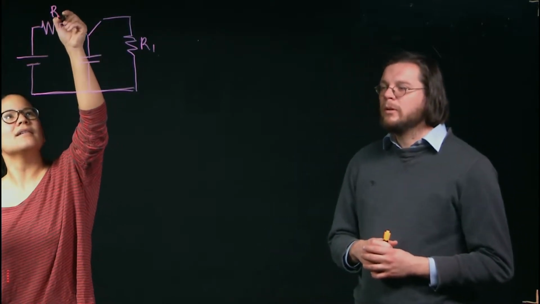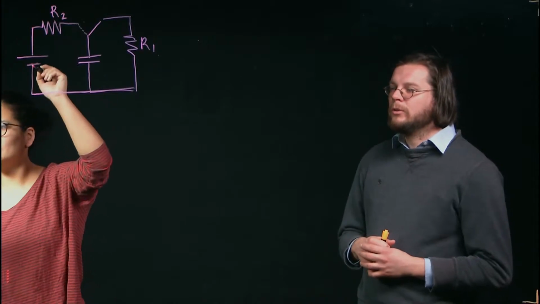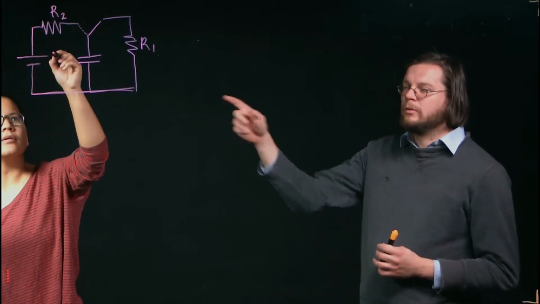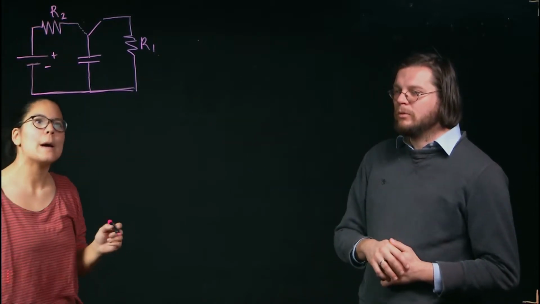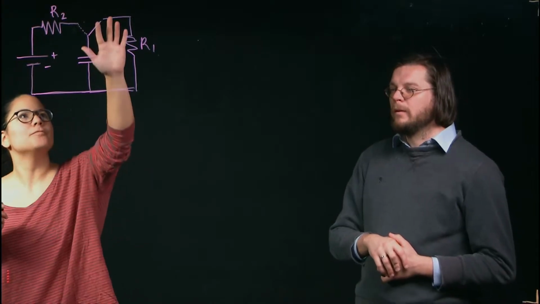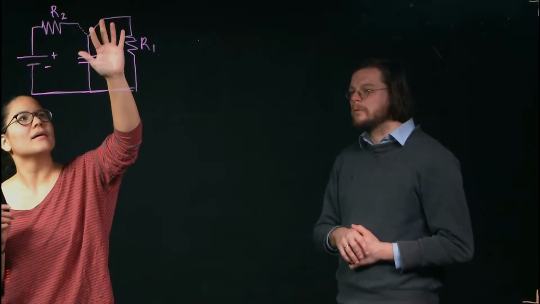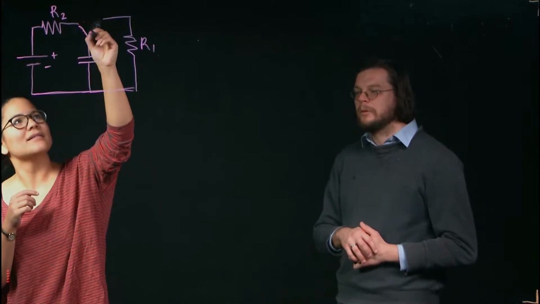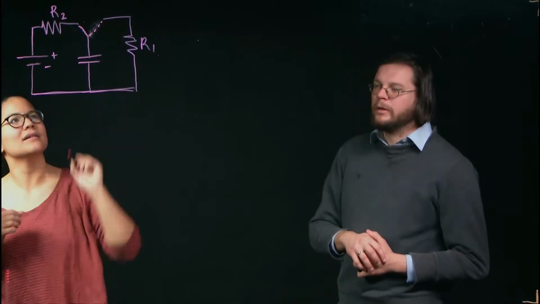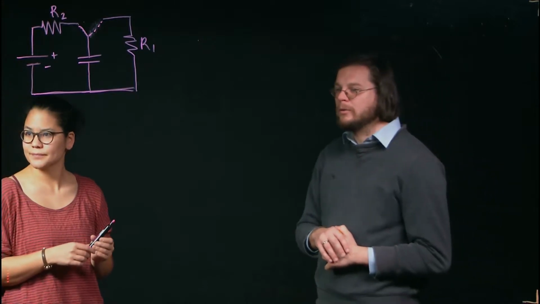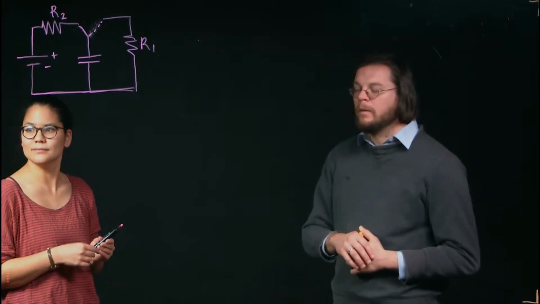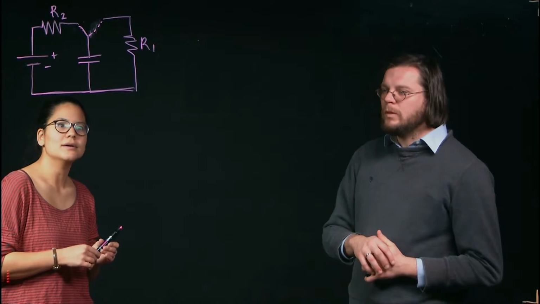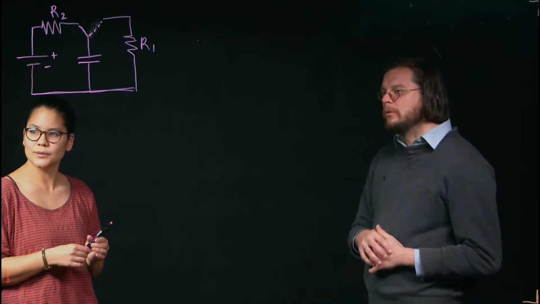The thing we're really concerned with now is not what happens if the switch is to the right, but what's the current through the resistor if the switch is to the left, because we're trying to figure out how quickly that capacitor is charging up. There are a couple different ways to do this.